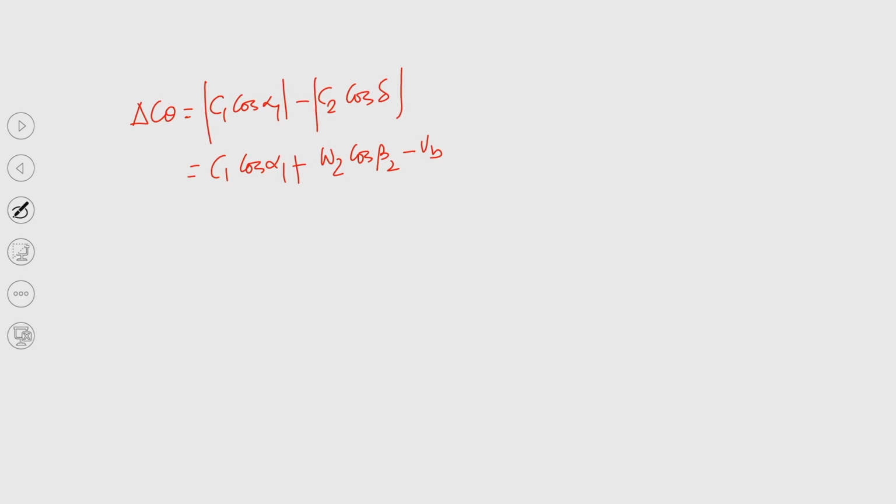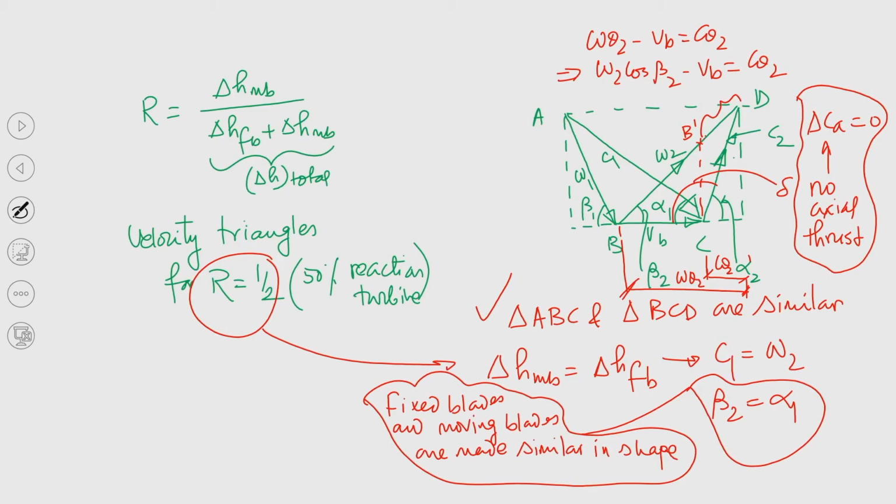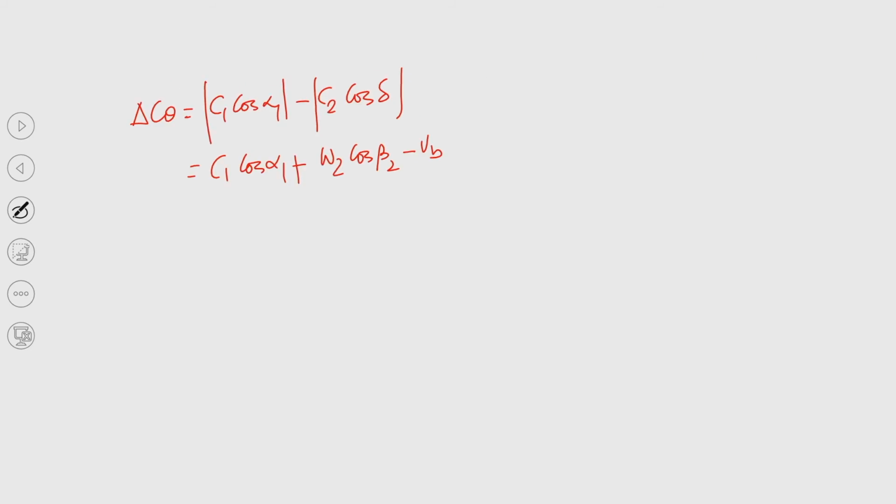Okay. So, we know that C 1 is equal to W 2 and beta 2 is equal to alpha 1, right. So, we can write this equal to C 1 and we can write alpha 1.